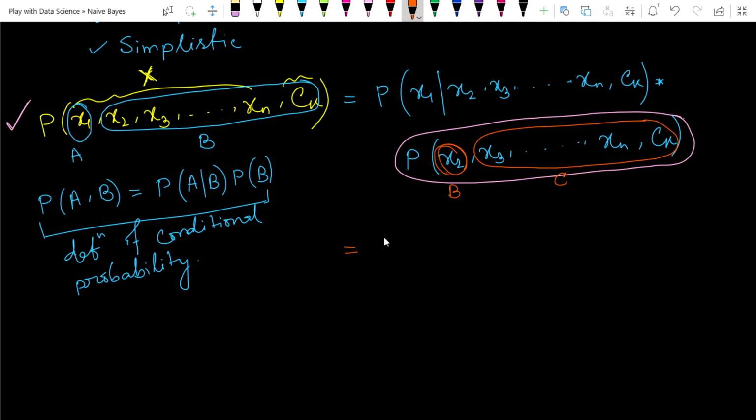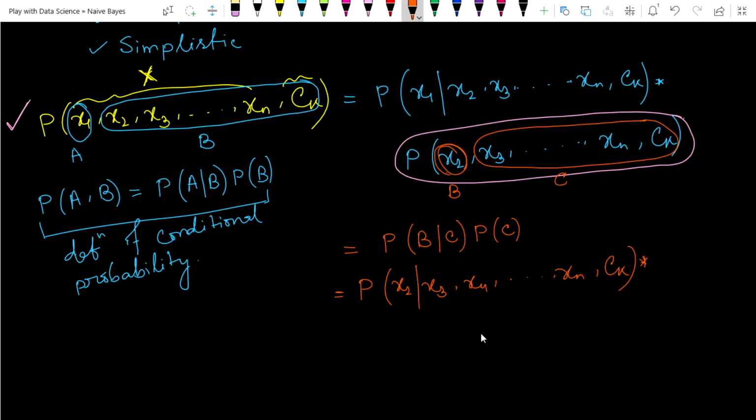Now what will this be? The probability of B with condition C, as well as condition C. So now this will be x2 given C, x3, x4, xn, ck, with probability C. Probability C means x3, x4 up to xn up to ck.